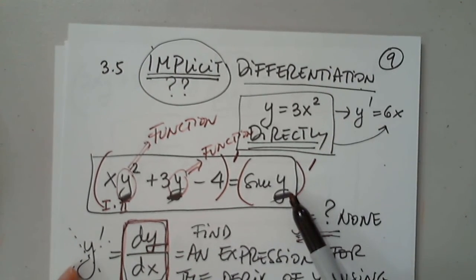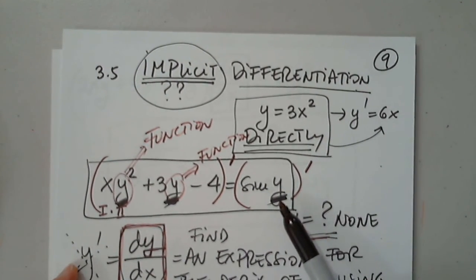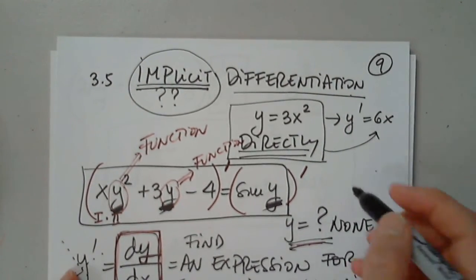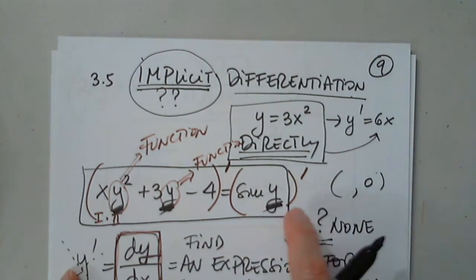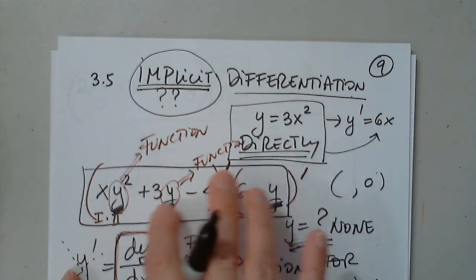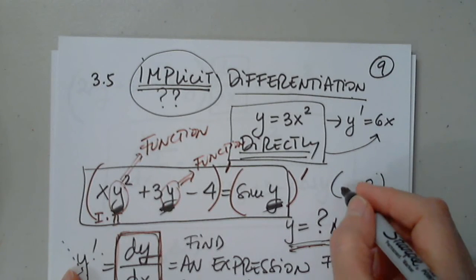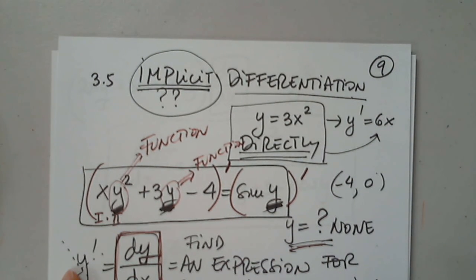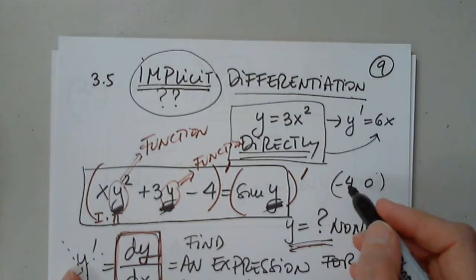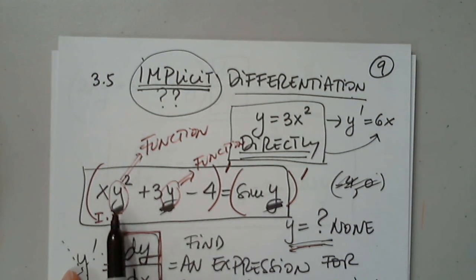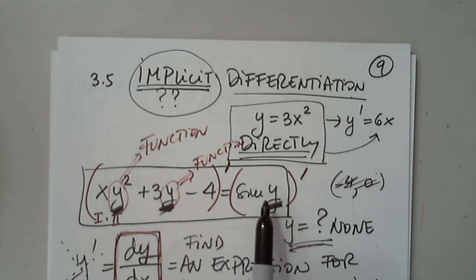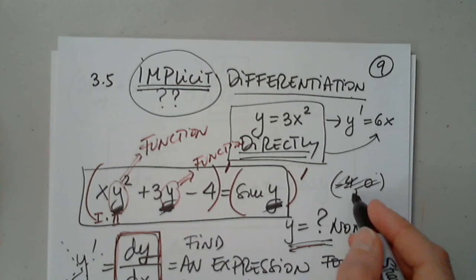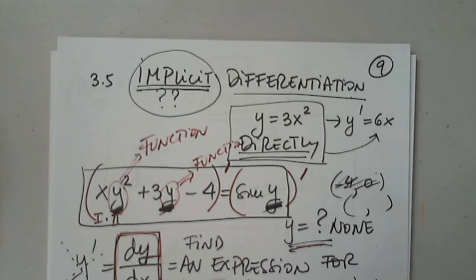I have to find a point that verifies the equation. So if I say y equals 0, let's see what I get. Then I get -4. No, I don't get anything. So 0 doesn't work because I need x. So 0 will not work. I need to find another point. I have to find a point if I want to determine the exact rate of change.